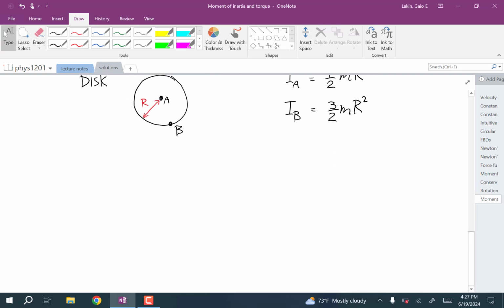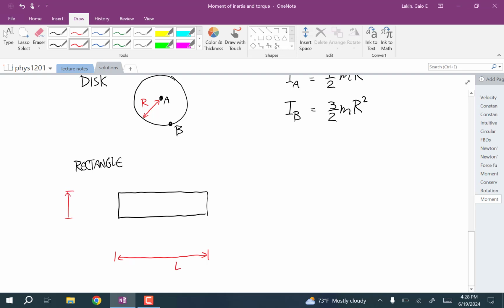The other thing that we're going to deal with is a rectangle. I'm going to call this the length L, and this the width W. The first possibility we're going to deal with is if the fixed point or the pin or the hinge is at the center of the rectangle.